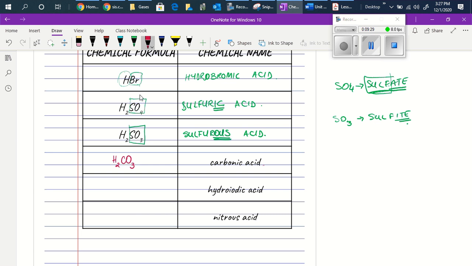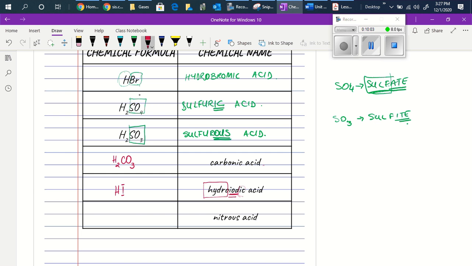In the case of hydroiodic acid, hydro means that you are dealing with an element. Iod means you are dealing with iodine, because the root of iodine is iod, and we add the IC and then the word acid. So this will be HI.